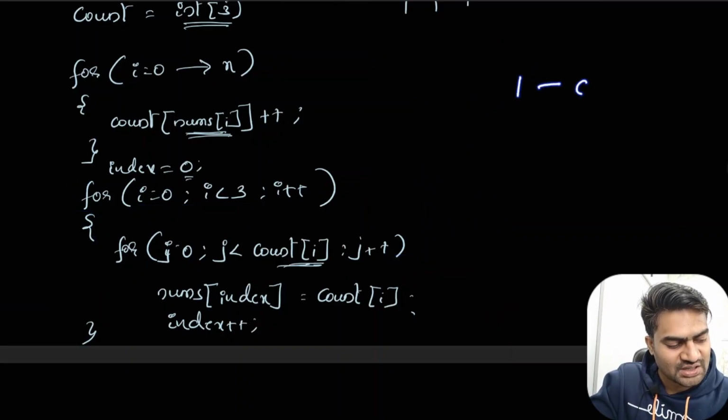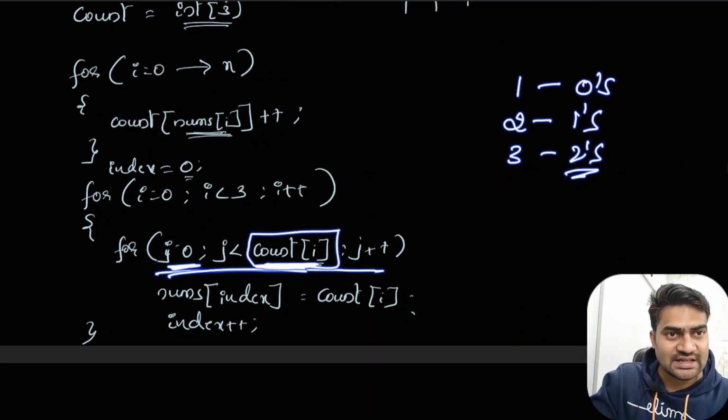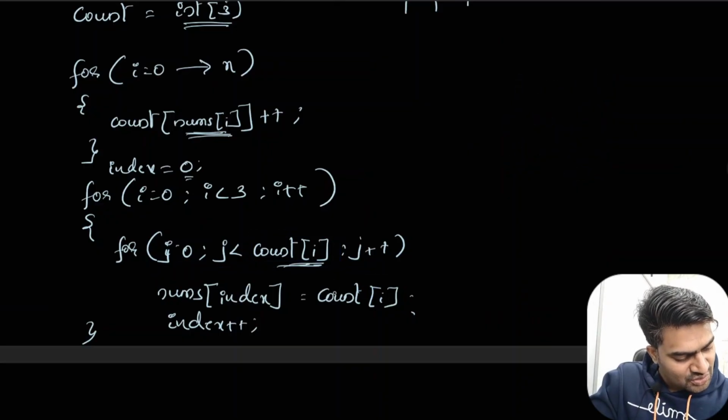Once for 0's, second time for 1's and third time for 2's. Then this particular loop only runs for as many values that we get here. Okay, so here it should not be count of i, it should be only i, my bad.